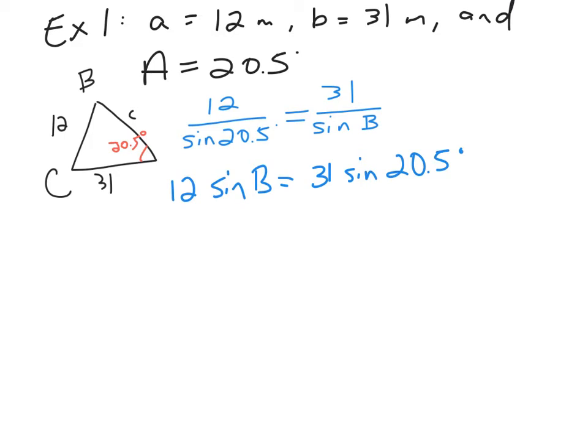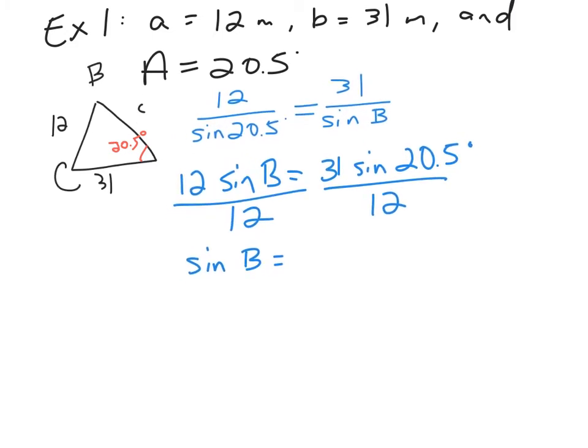And then if we divide both sides by 12, then what you'll get is the sine of angle B is equal to that 31 sine 20.5 over 12.